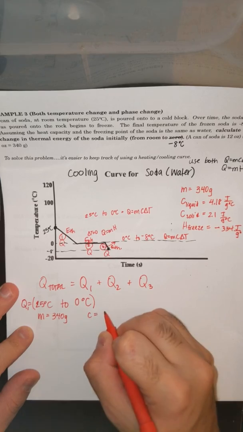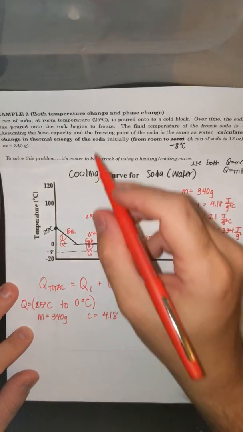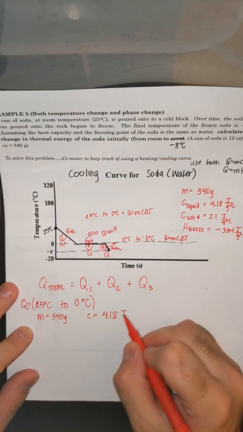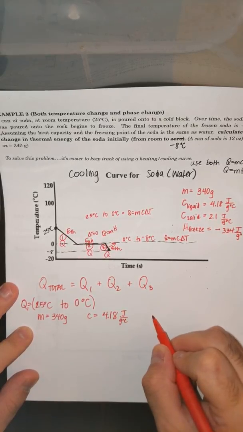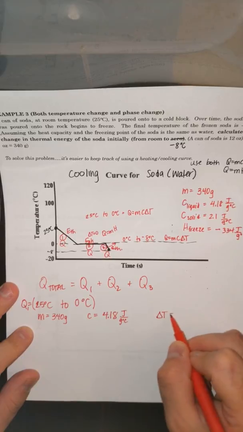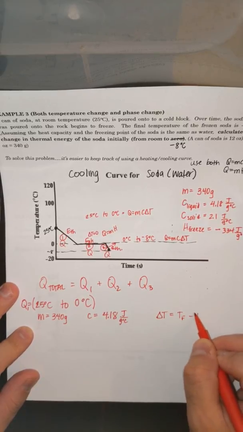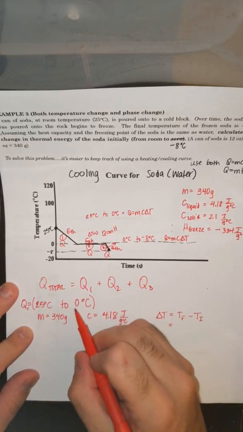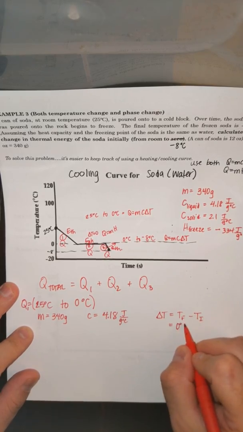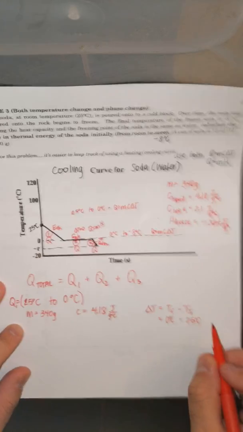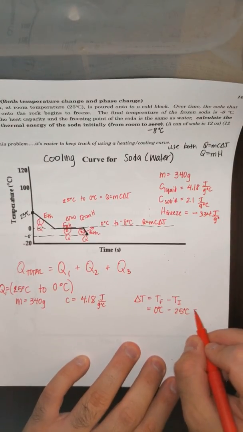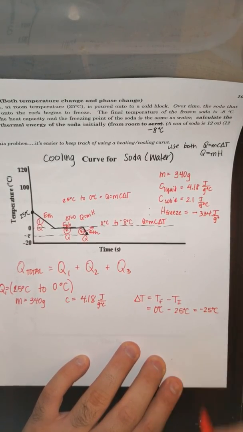My C: at 25, this soda is a liquid, so 4.18 joules per gram degrees Celsius. And my delta T is T final minus T initial. My final temperature is 0, my initial temperature is 25. 0 minus 25 is negative 25 degrees Celsius.